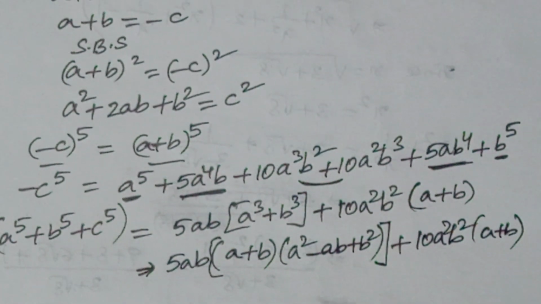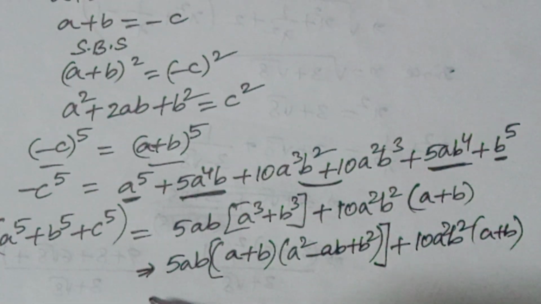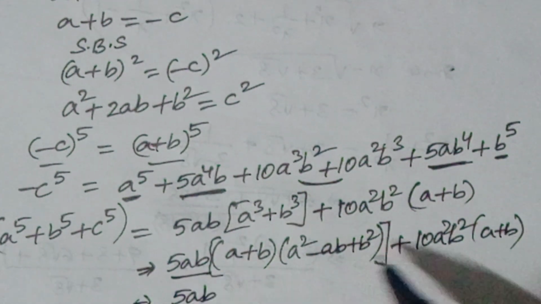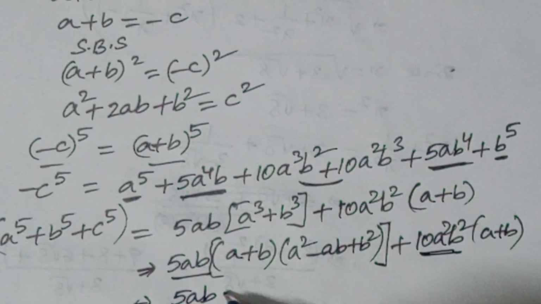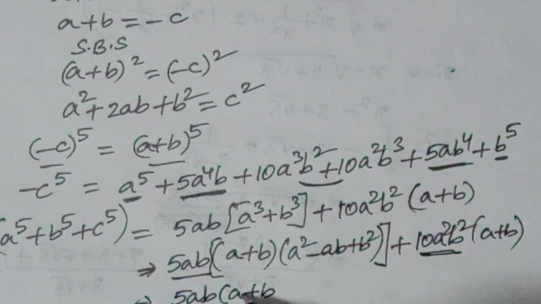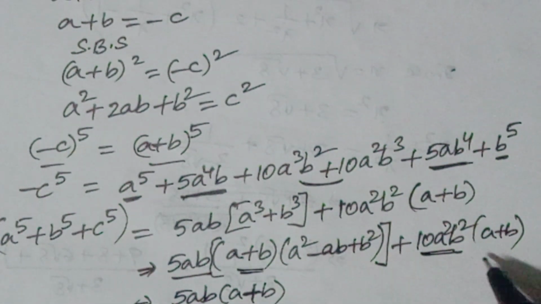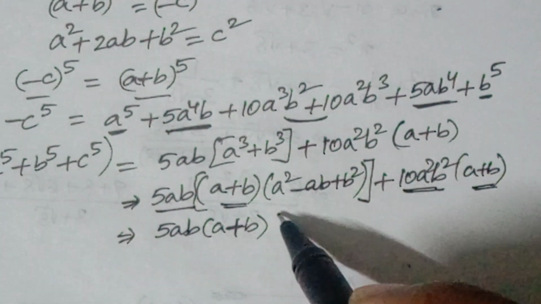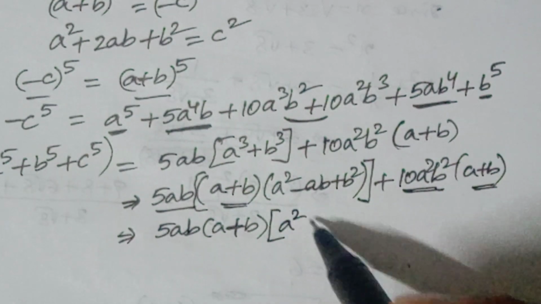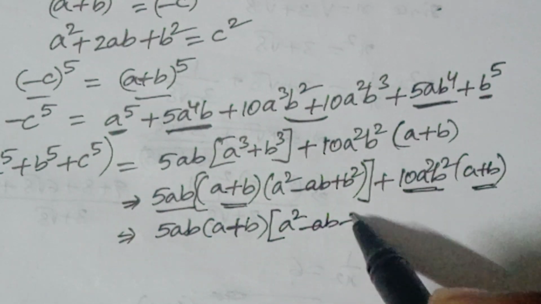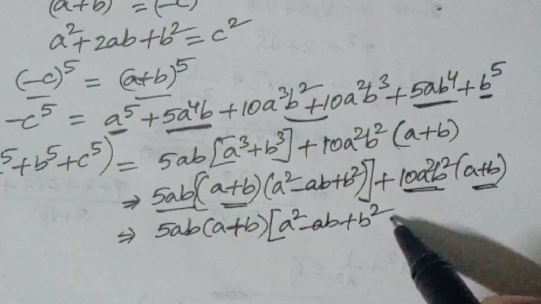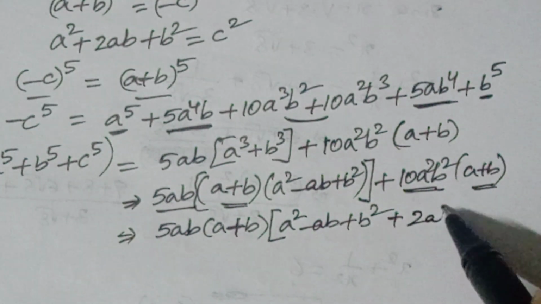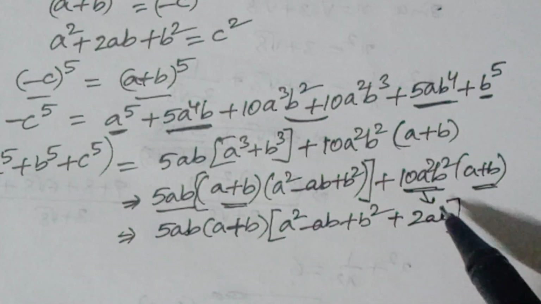Now here you can take a plus b common, and 5ab also common. So what you'll get here? a square minus ab plus b square, and here 2ab is left.